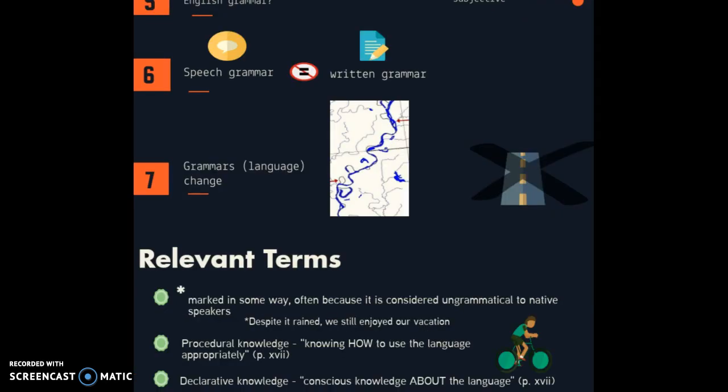So moving on to Principle 6, a linguistic perspective involves a consideration of spoken forms as well as written forms. The grammar that we expect in speech is very different than the grammar that we expect in writing. And again, if we take a perspective of following the patterns and thinking about the form, rather than saying this is right or wrong, we can see lots of examples of this, right?